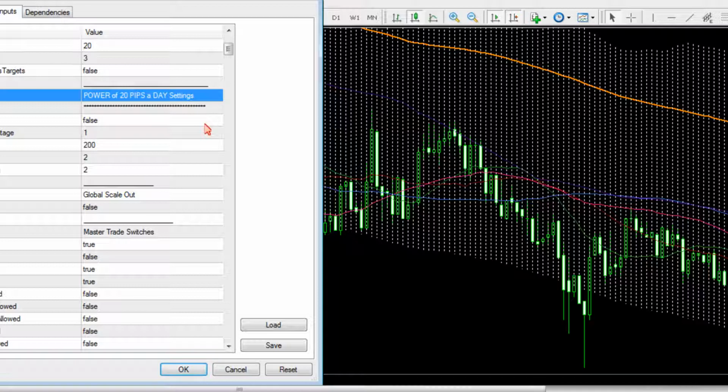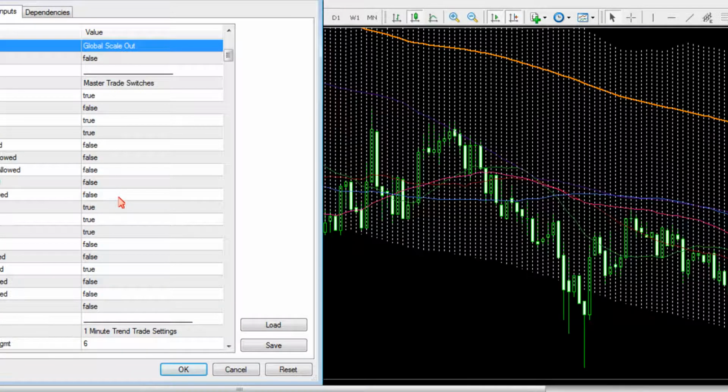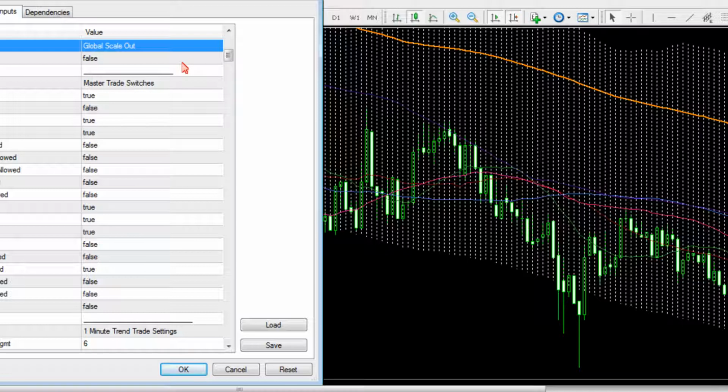I've got 20 pips as equaling 1% here, so 40 pips, which is my average take, would be 2% account growth. Sam's done a really good video on that, so I don't need to really cover that here. Again, global scale out: because we're taking 8 pips on every trade, I'm not doing a global scale out.